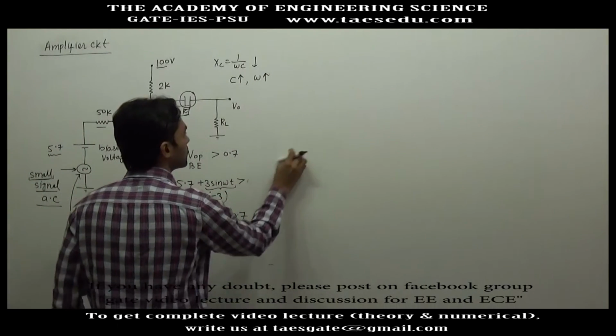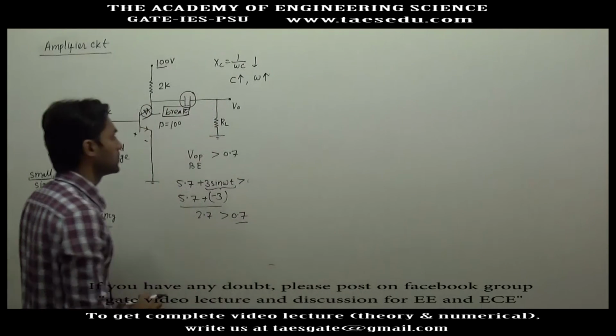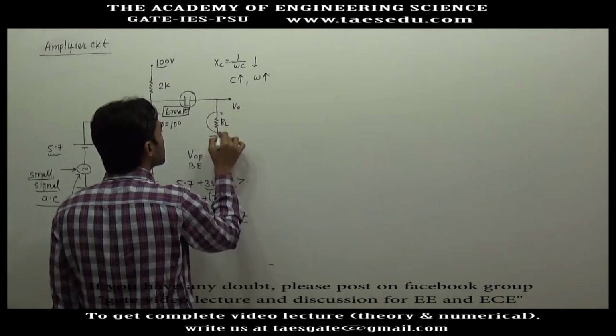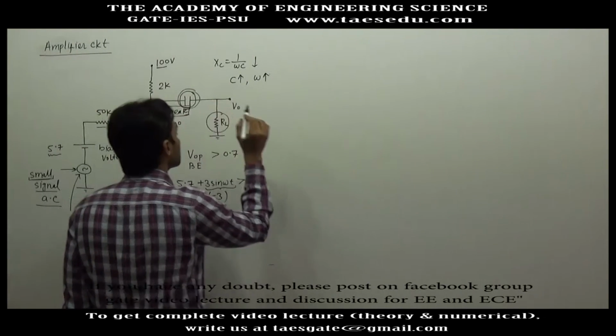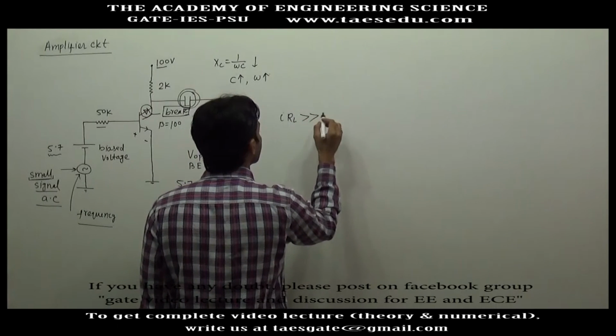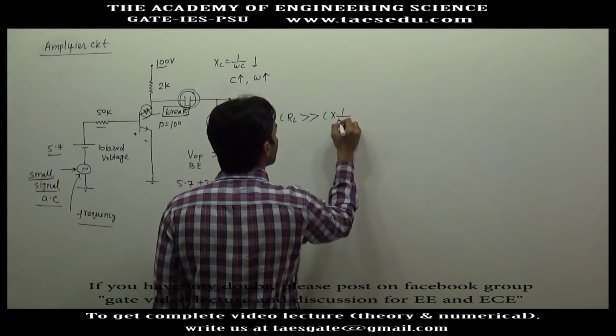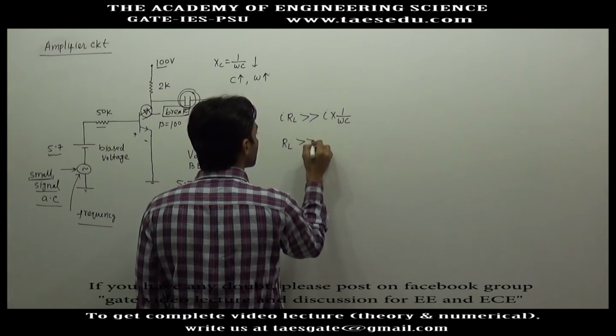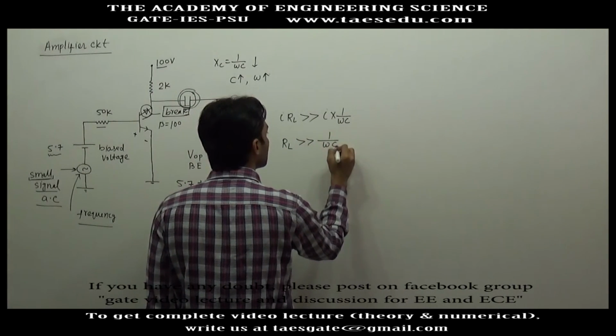In the first example, I showed that this voltage must be much greater than this voltage, so I into RL must be much greater than I into 1 by omega C, or RL must be much greater than 1 by omega C.